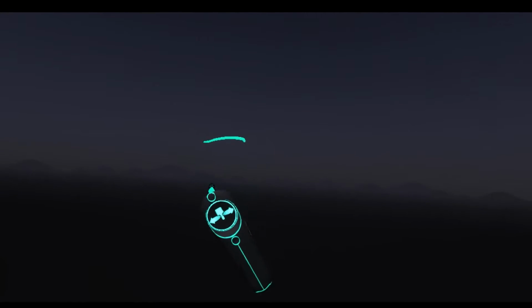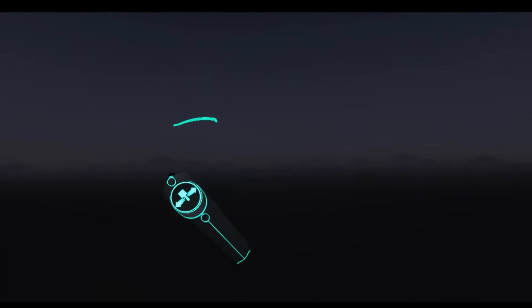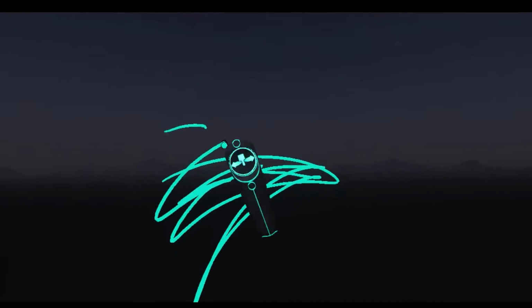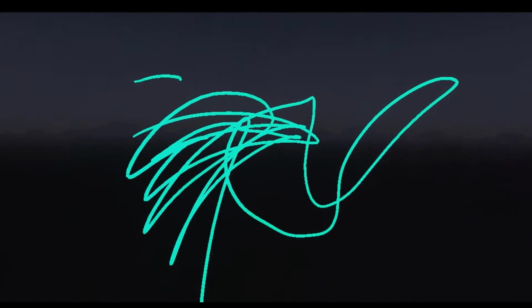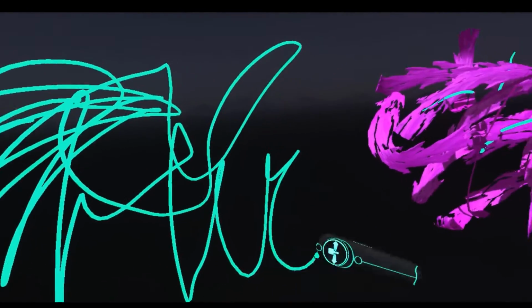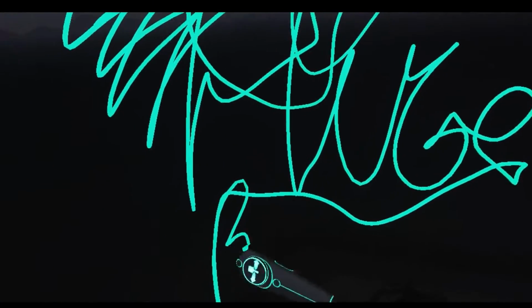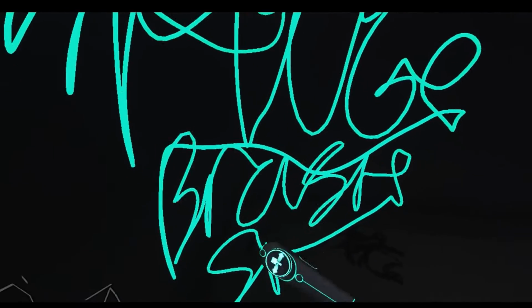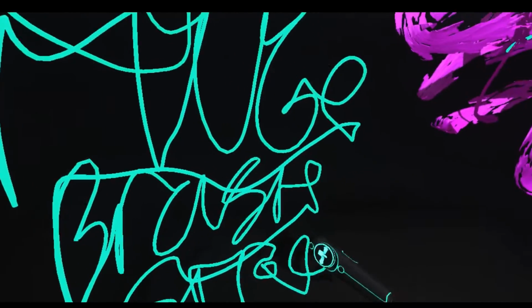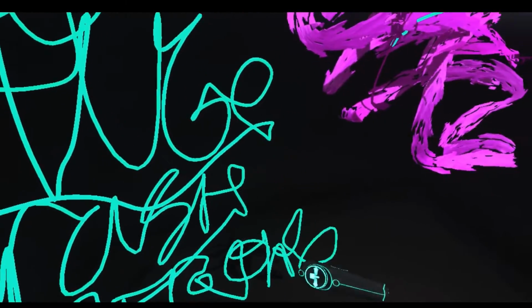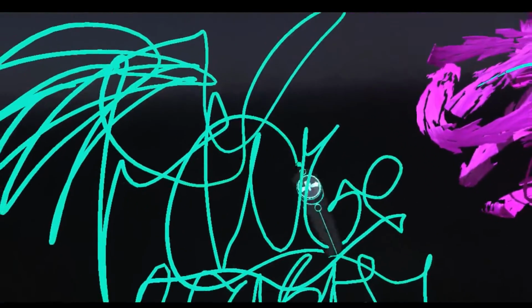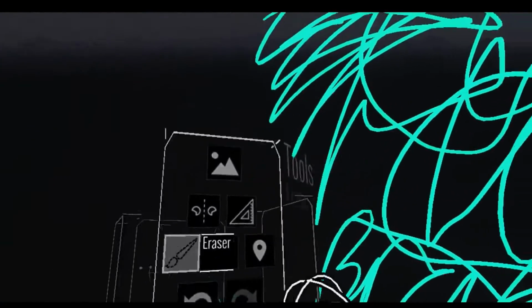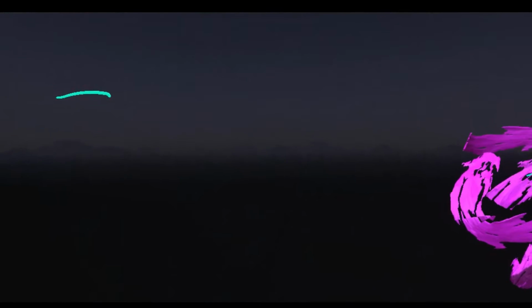So I can do a brushstroke like this, or a brushstroke like this, which is like a huge brush stroke. Oh, I can't write like this. Anyway, if I then erase it, it would erase everything.